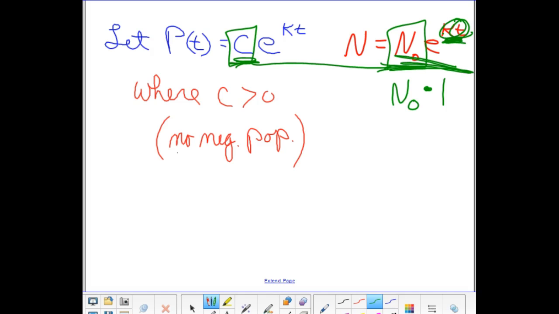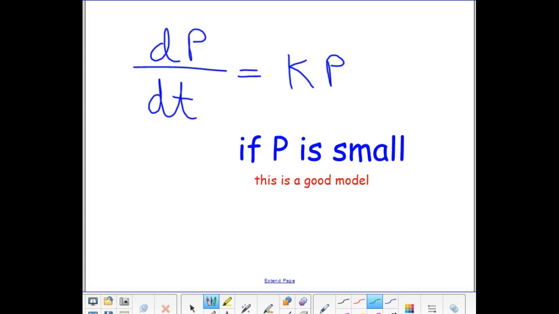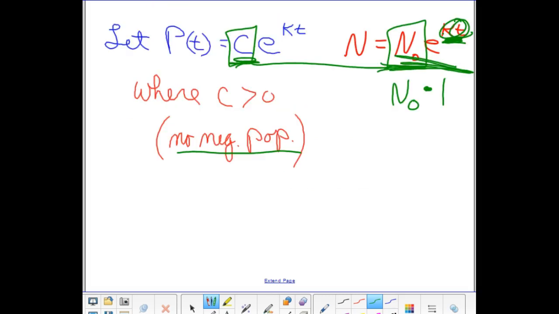And we're not going to have negative populations. So, let me back up, sorry. This equation works really, really well for that model, where the model was that the rate of growth of the population is proportional to its size.